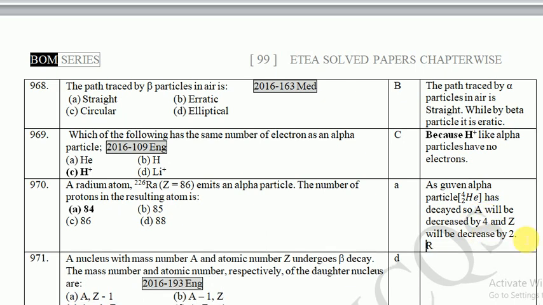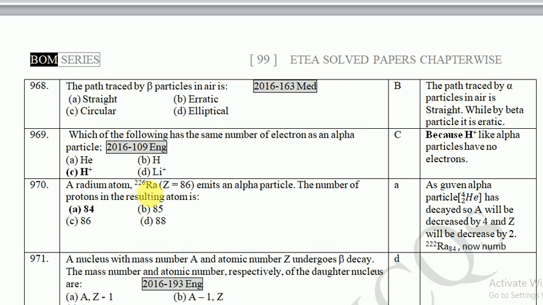So radium will become, 226 minus 4 is equal to 222, and the atomic number Z will be decreased by 2, 86 will become 84.